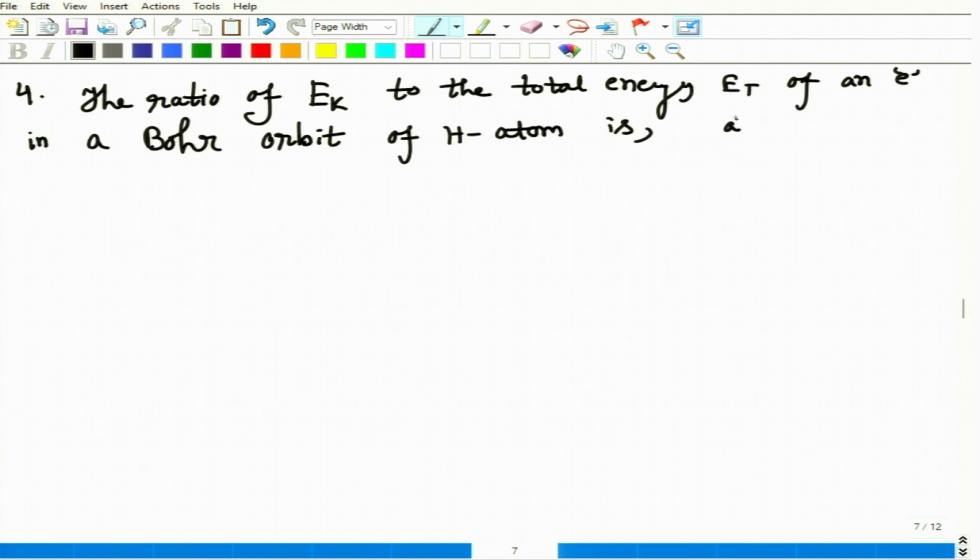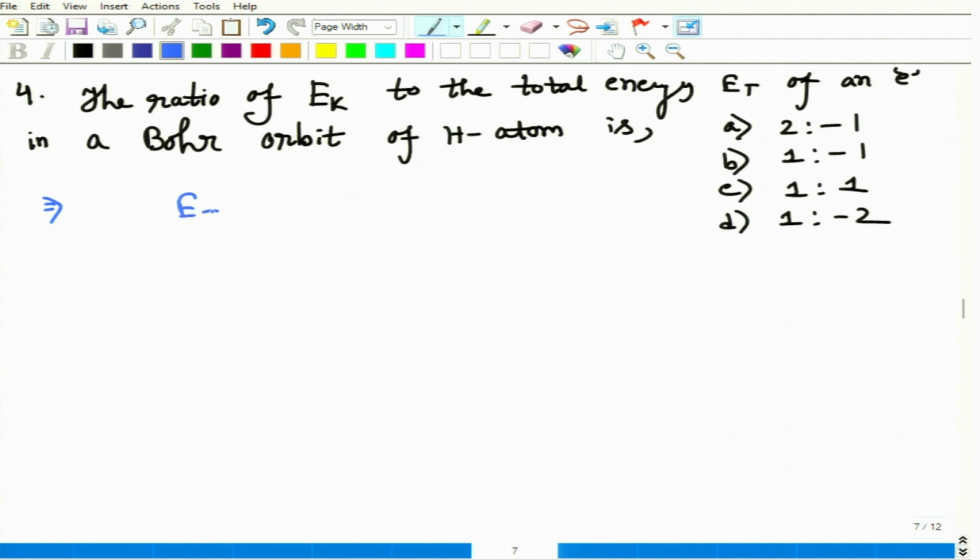Four options are given. A is 2:-1, B is 1:-1, C is 1:1, and D is 1:-2. We just have to evaluate this and select the correct option.